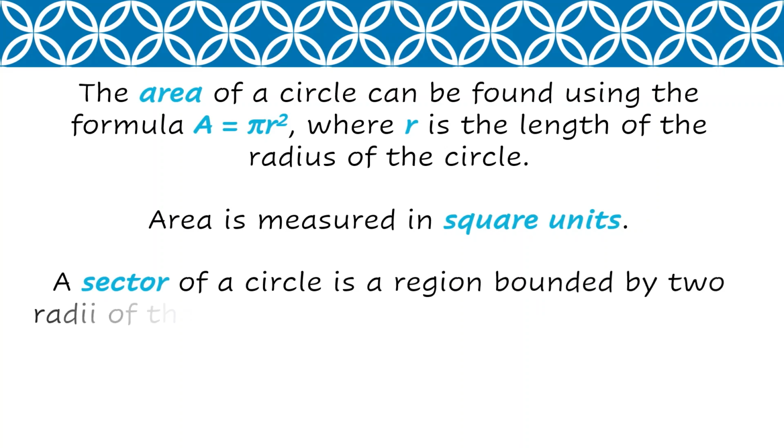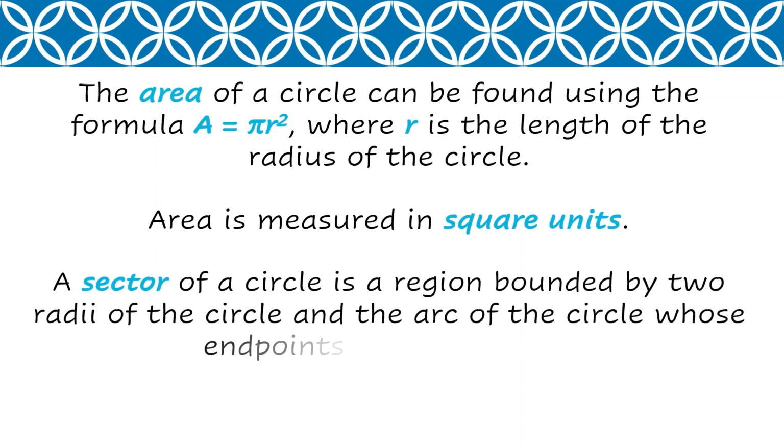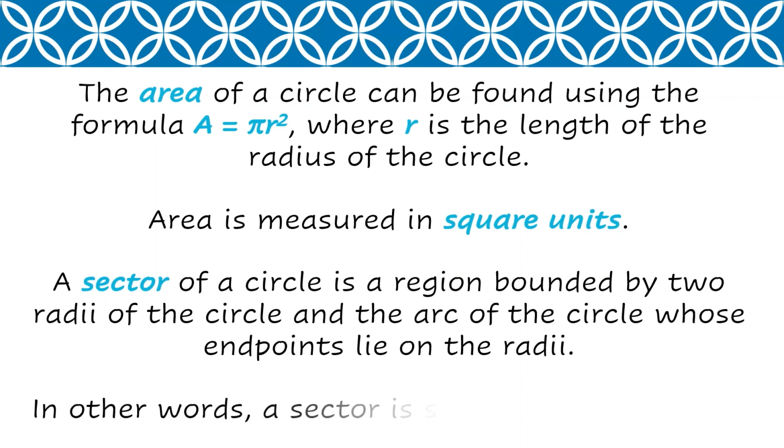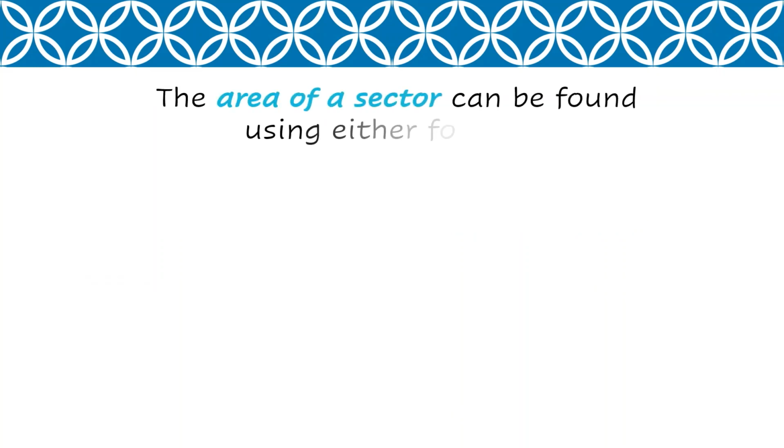And a sector is a slice of a circle, which basically makes it look like a slice of pie. The area of a sector can be found in a similar fashion to arc length.